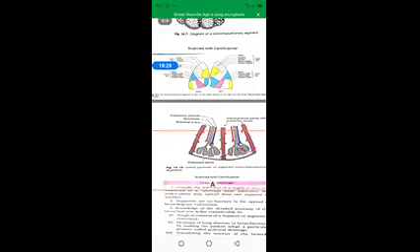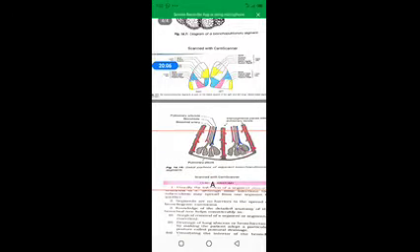Arteries are indicated by the blue color because they are deoxygenated. They are coming from your right ventricle, the pulmonary arteries, then pulmonary arterioles coming from various places.